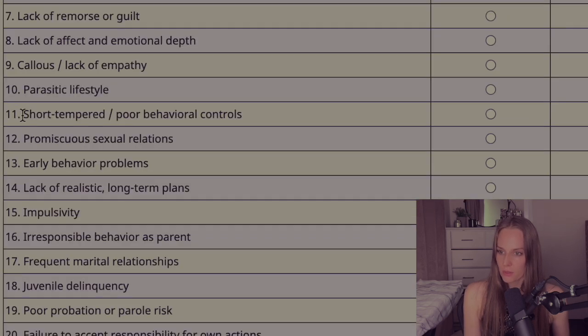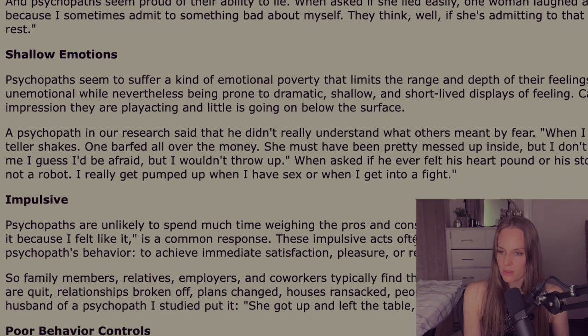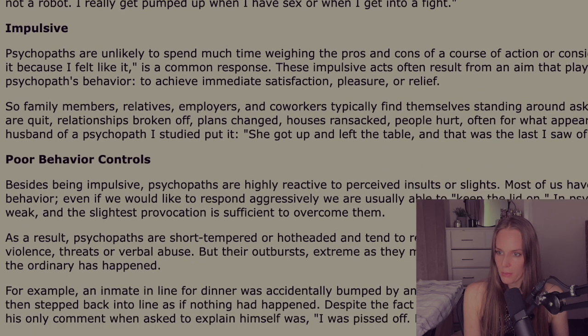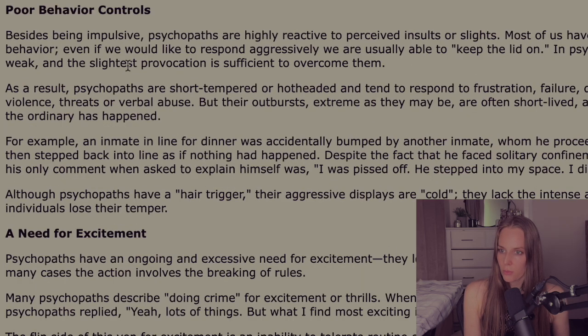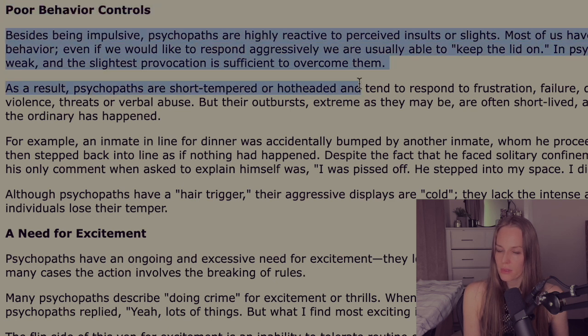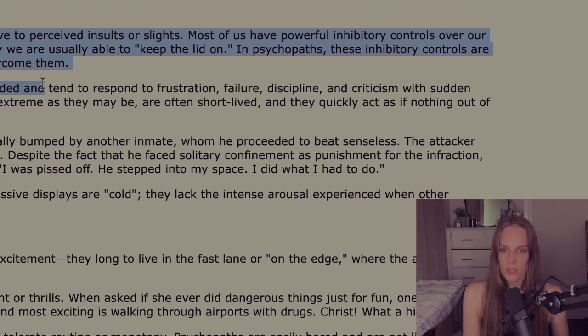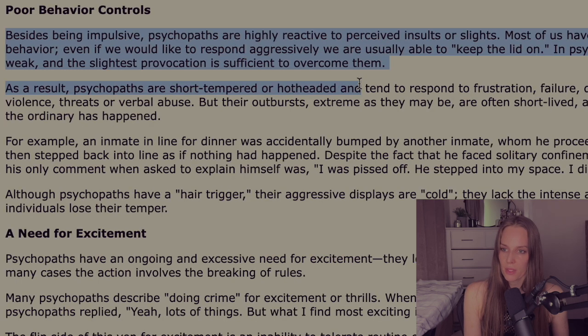Number 11, short-tempered, poor behavioral controls. I do believe this one also has a little blurb about it. Besides being impulsive, psychopaths are highly reactive to perceived insults or slights. Most of us have powerful inhibitory controls over our behavior.